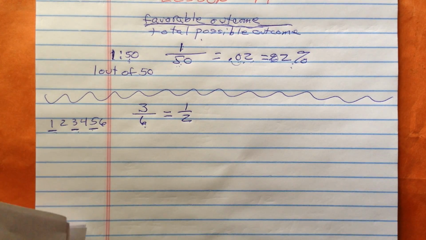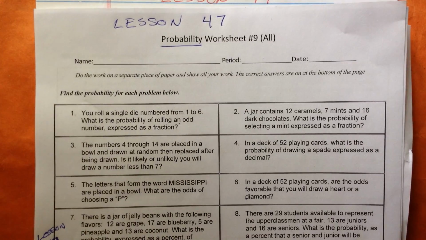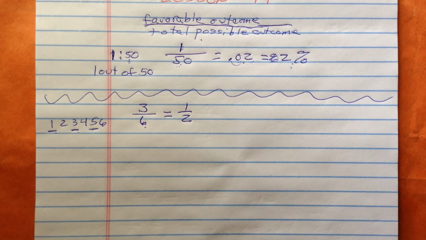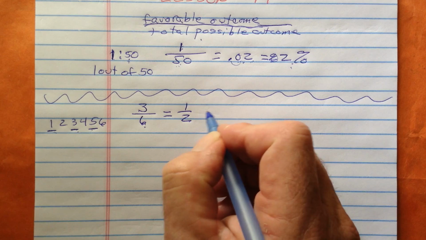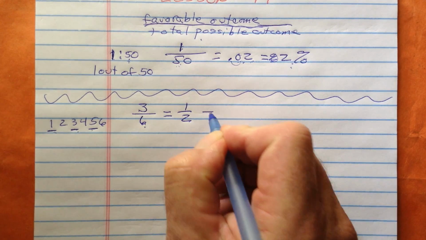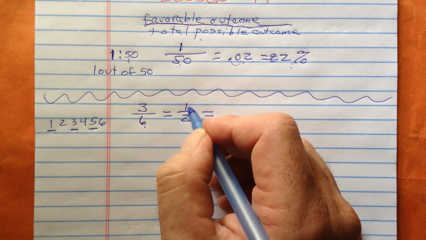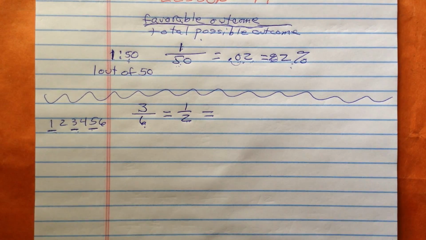Since they're asking for the answer as a fraction, this is the answer you would look for. But if it told you to write it as a decimal, I always start out as a fraction, but then you do the math: 1 divided by 2.